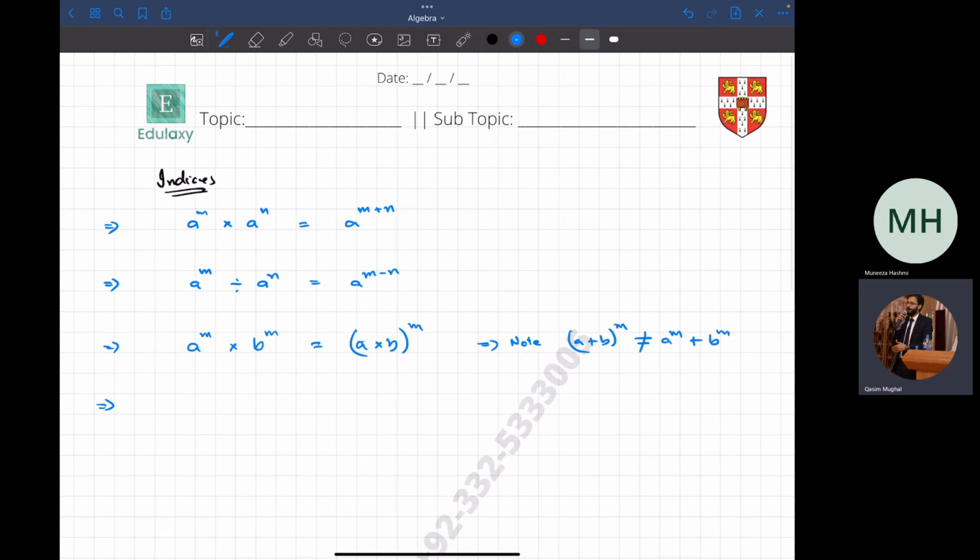Okay, and the next is a to the power m over b to the power m. So same rule, but for the division purpose, you can write it down under the same power, or if you want to split the powers with the numerator and denominator, you can do it exactly in the same way. And exactly in the same way, you can't do it for subtraction purpose. It is not equal to a to the power m minus b to the power m.